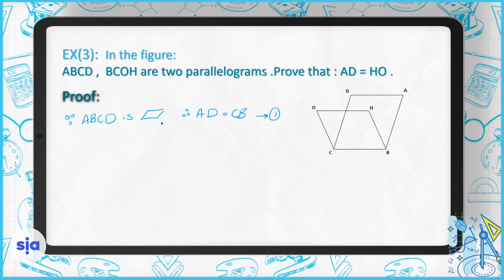And also, since BCOH is a parallelogram, therefore OH is equal to CB, as we know that each two opposite sides are equal in length. Then, from 1 and 2, we can see that AD is equal to OH. And this is what the question wants me to prove.